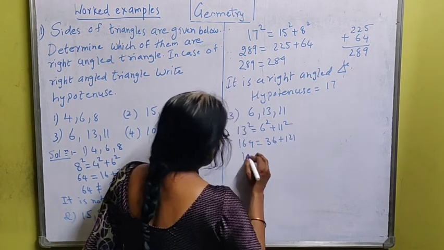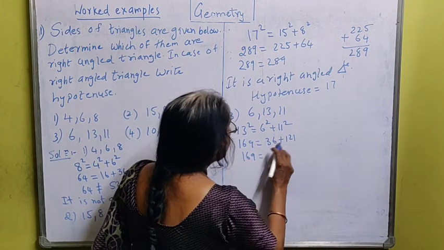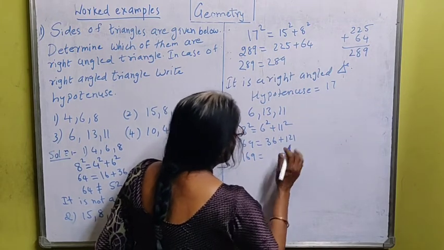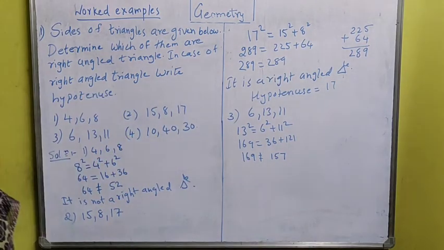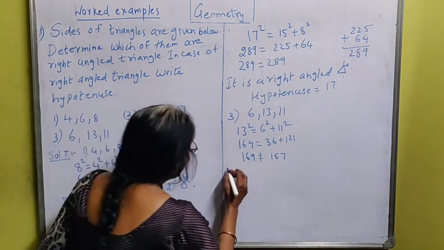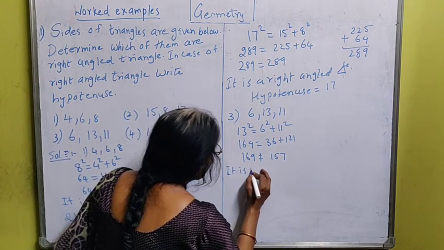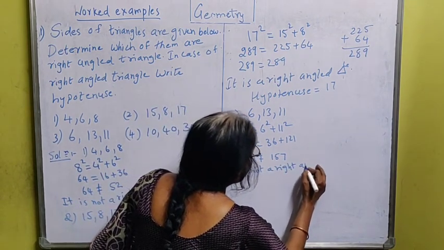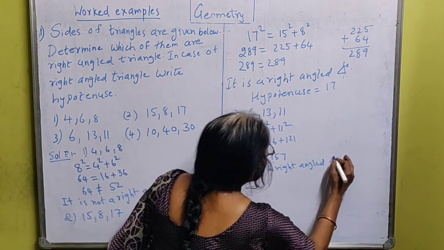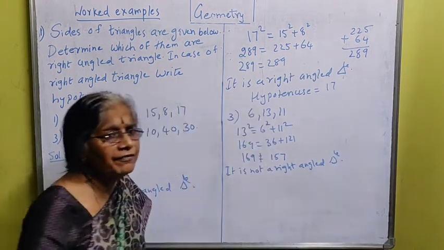So 169, 121. 6 plus 1 is 7. 3 plus 2 is 5. 1. So it is not equal. So what did you get? It is not a right angled triangle. If it is not a right angled triangle, you can't find the hypotenuse.